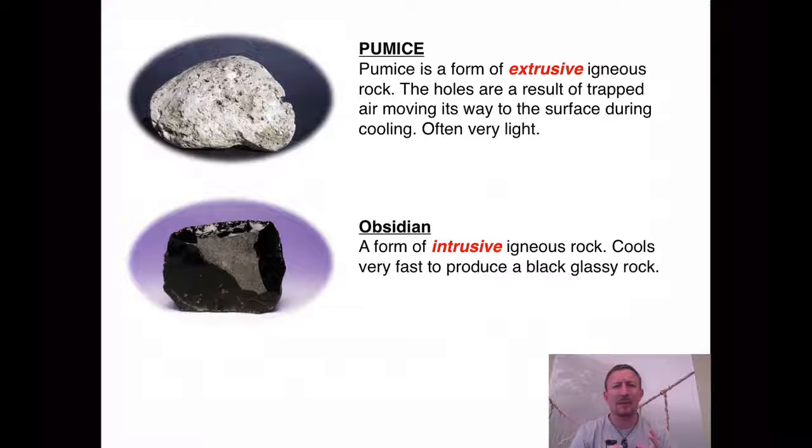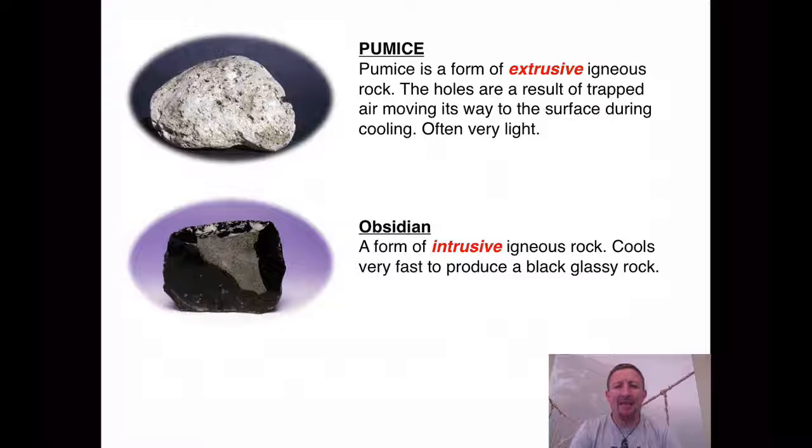It's still incredibly hot, gets compacted, but the air moves through it, so it gets that rock-like formation, and it can encase itself around objects. So pumice is very light, and you might use it to remove dead skin because it's slightly rough, but it's incredibly light.